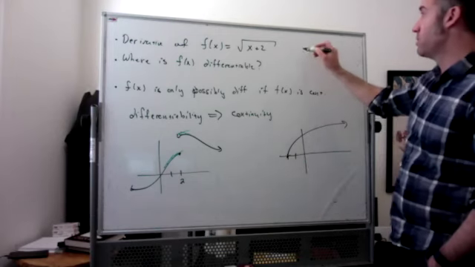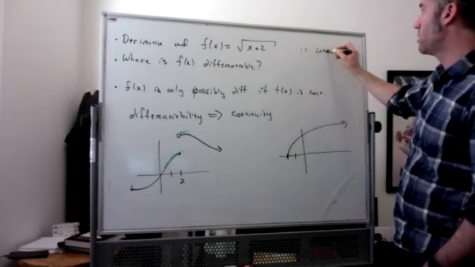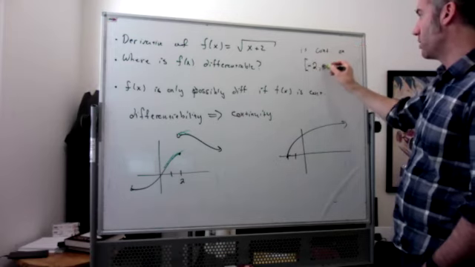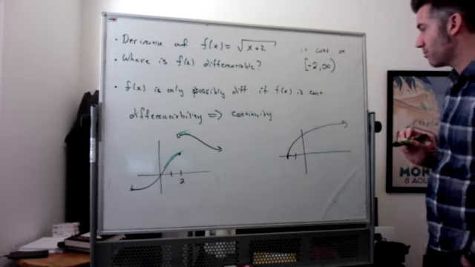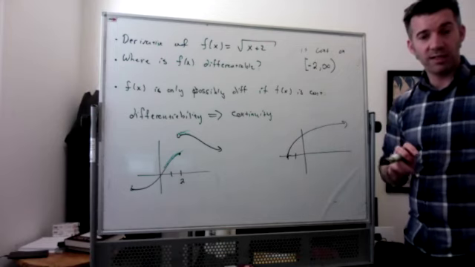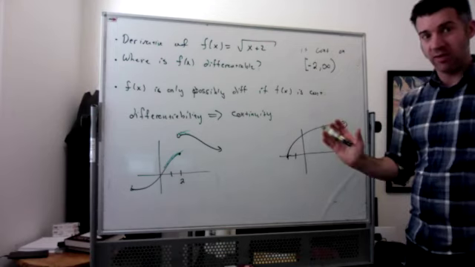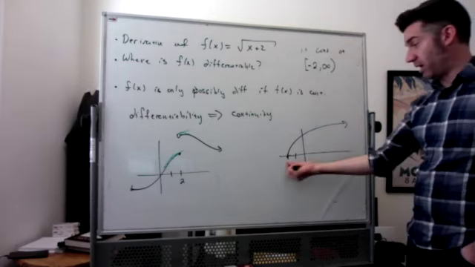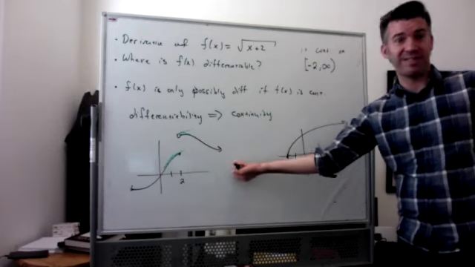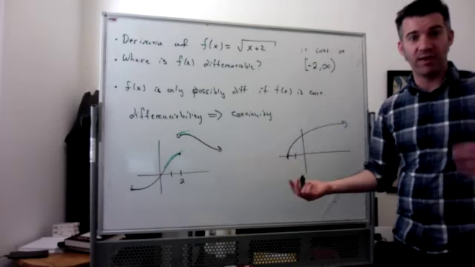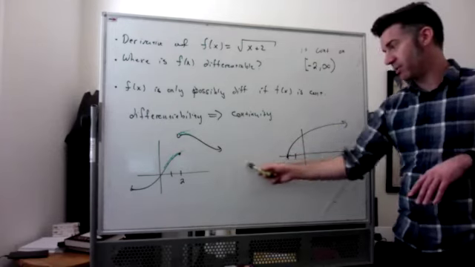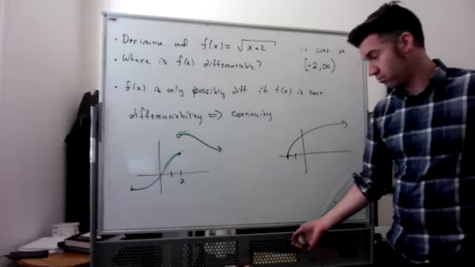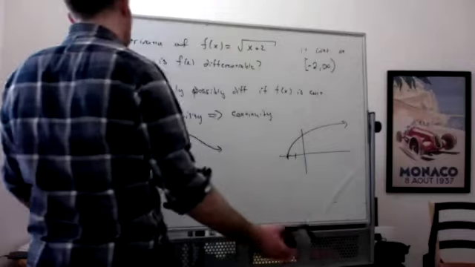So this function is continuous on the interval from -2 to infinity. We're going to find the derivative, then talk about where the function is differentiable. It can't be differentiable anywhere left of there because it doesn't even exist there. So the derivative definitely can't exist for x less than -2. There is no function there.